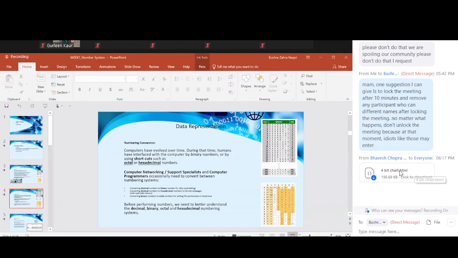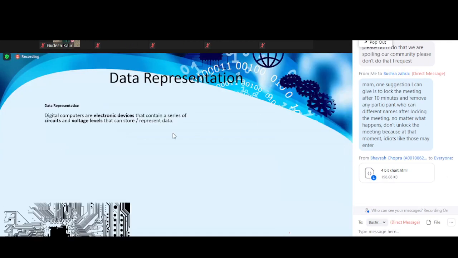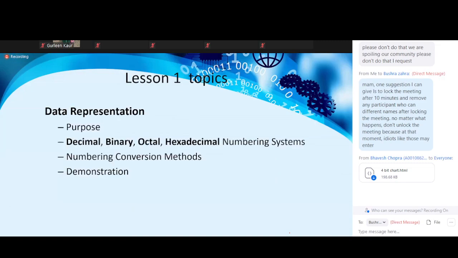So my point is how you look at this table and interpret it, starting from 0 up to 15. Why 15? Because it's in hexa.